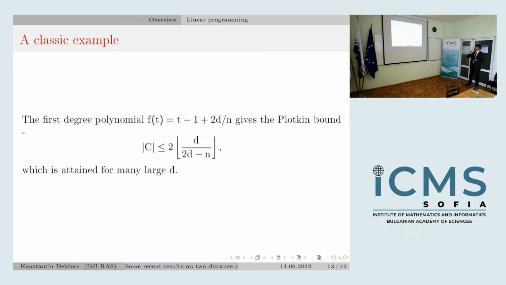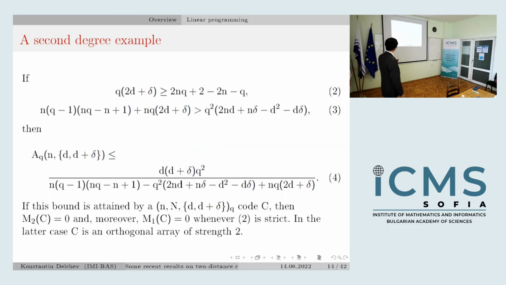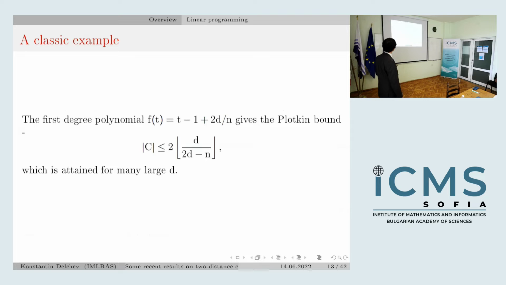It's attained for many large D. It's also interesting that it has a completely separate combinatorial proof without any of this theory. But this is a particularly useful way in our case.